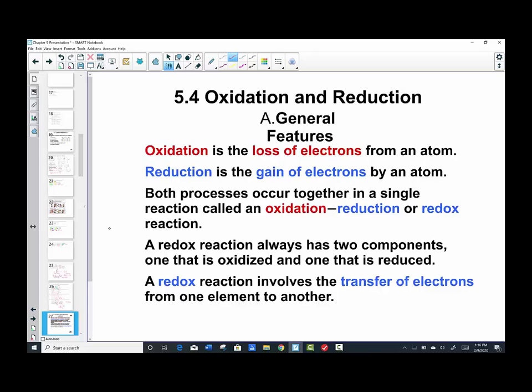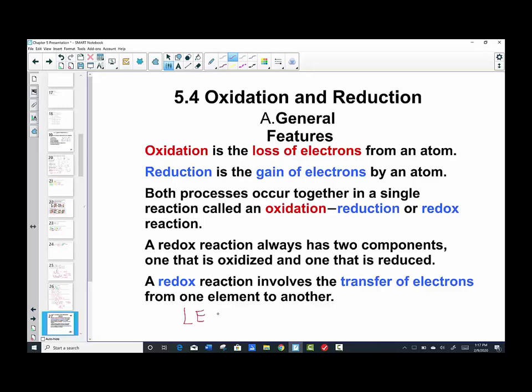When something is oxidized, another must be reduced. They occur simultaneously. A redox reaction is what we'll commonly call redox, an oxidation-reduction reaction. It involves a transfer of electrons from one element to another.